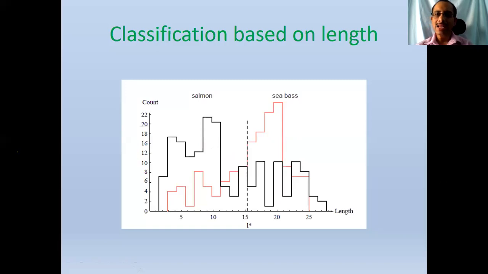In a single class, I take the number of samples at a given length, do that for all possible feature values, and normalize with respect to the total count of that particular class samples, not all class samples. I get a normalized count, or a frequency, of that class for a given feature value.